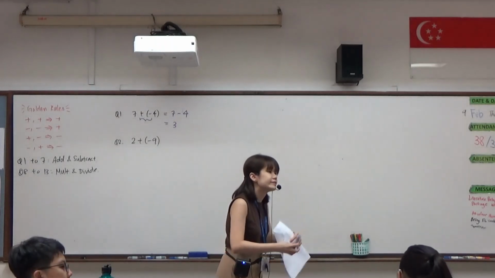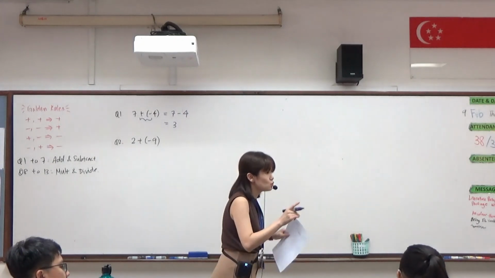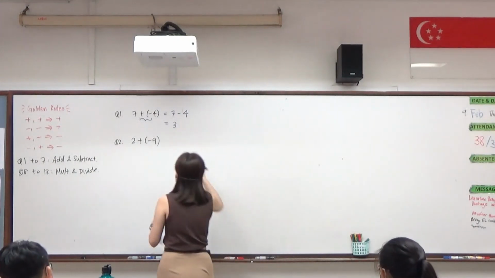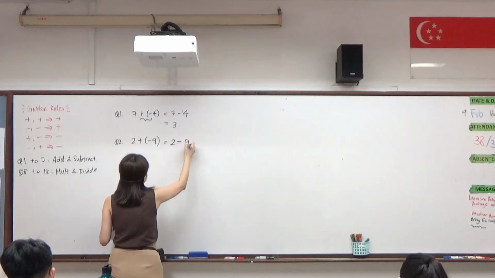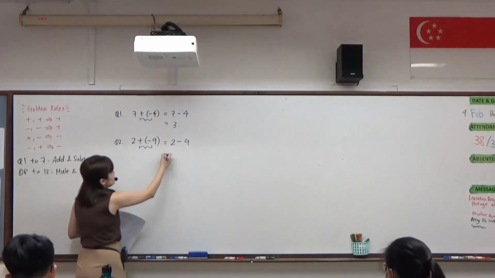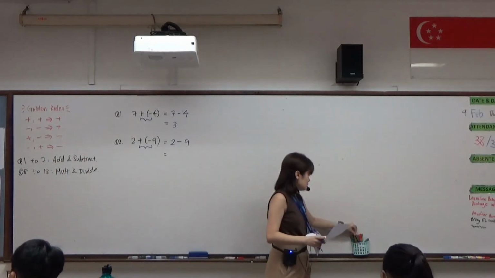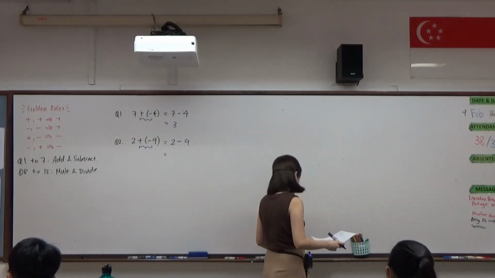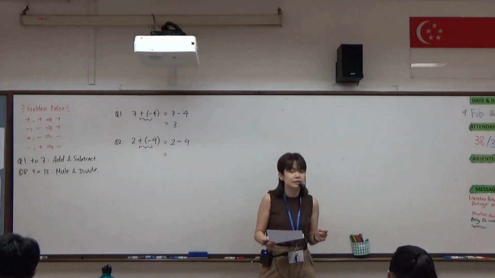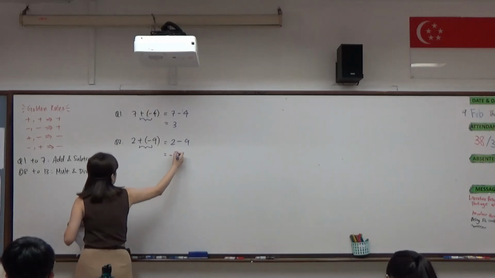What will you get? 2 minus 9. Excellent. So 2 minus 9, because plus and minus gives us a minus. So 2 minus 9 would be equals to negative 7.